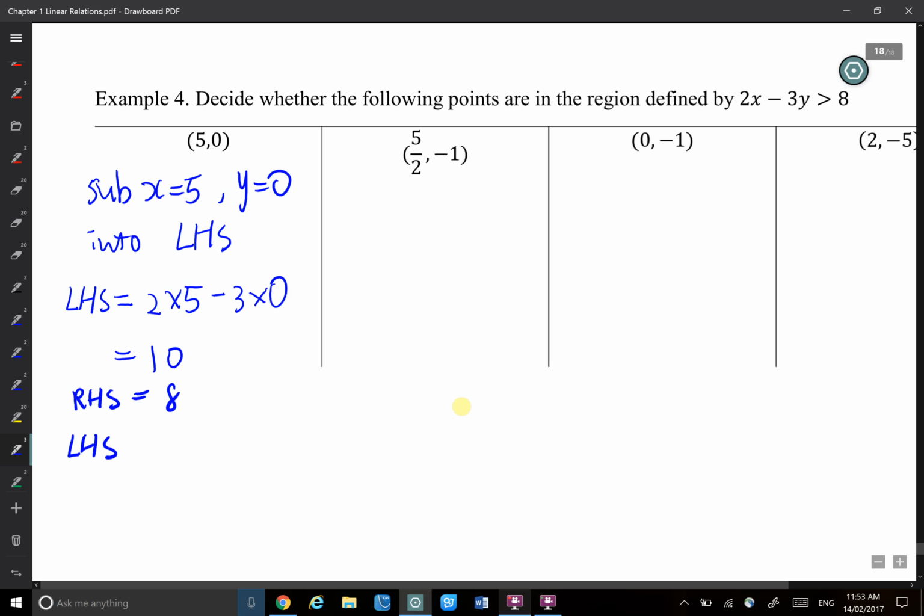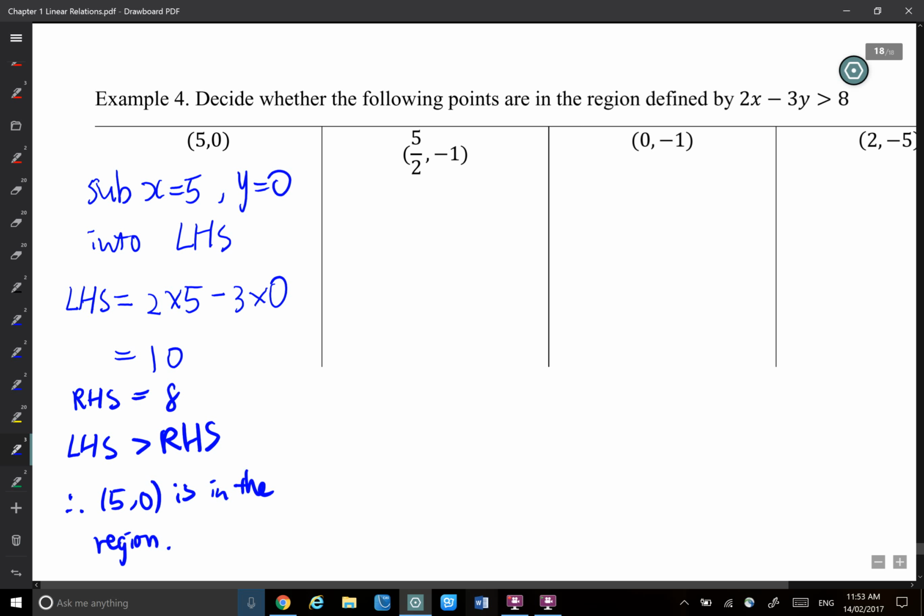Left hand side greater than right hand side, which satisfies the inequality sign, right? So (5, 0) is in the region, not on the line, in the region.